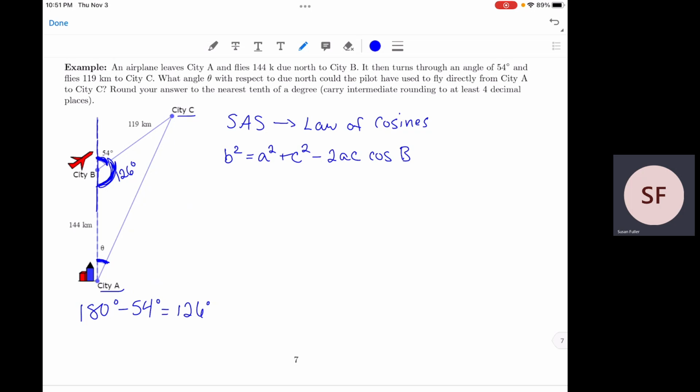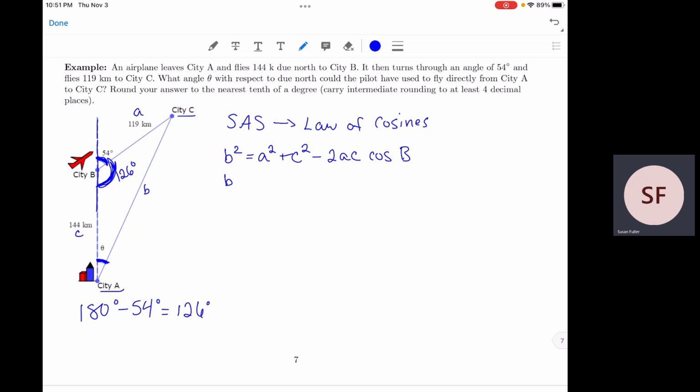So that means that my 119, that is side A, and this 144 kilometers, that is side C. So I can go ahead and plug in what I have and solve for what I don't.